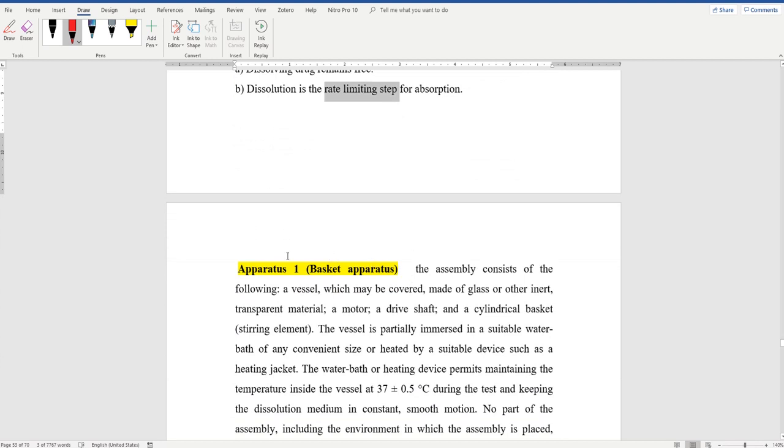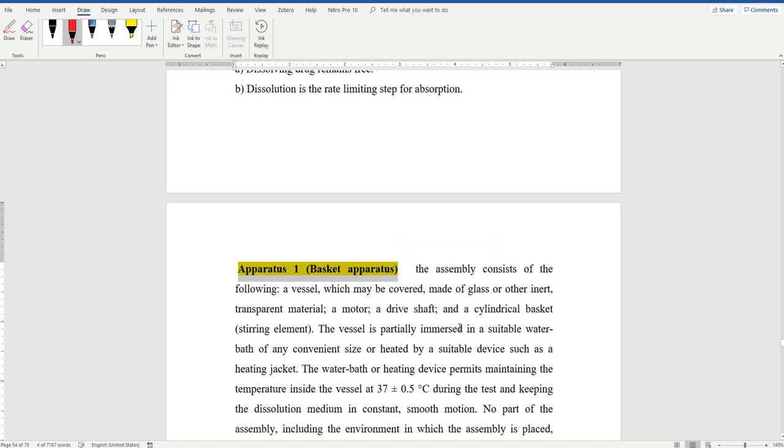طيب, let's talk about dissolution. There are two main apparatus that can be used to test tablet dissolution. The first apparatus is referred to as apparatus 1 and also referred to as basket apparatus, because you have to memorize these things because you may have them in the exam. طبعا apparatus 1 is the preferred apparatus في British pharmacopoeia.